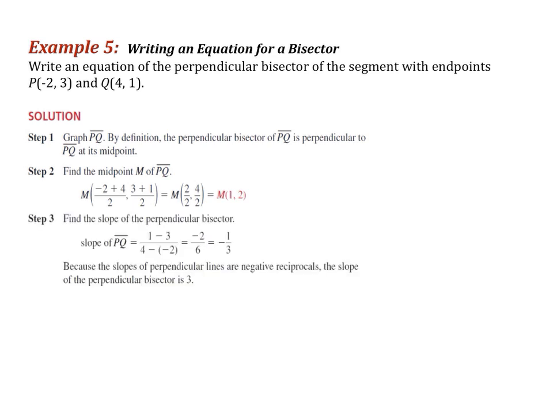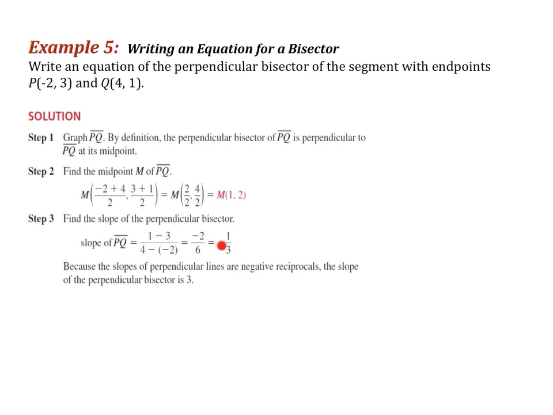Next, we will need to find the slope of the perpendicular bisector. The slope of segment PQ, after you plug it into the formula, comes out to be -1/3. And because the slopes of perpendicular lines are negative reciprocals, in other words, opposite reciprocals, the slope of the perpendicular bisector must be 3.